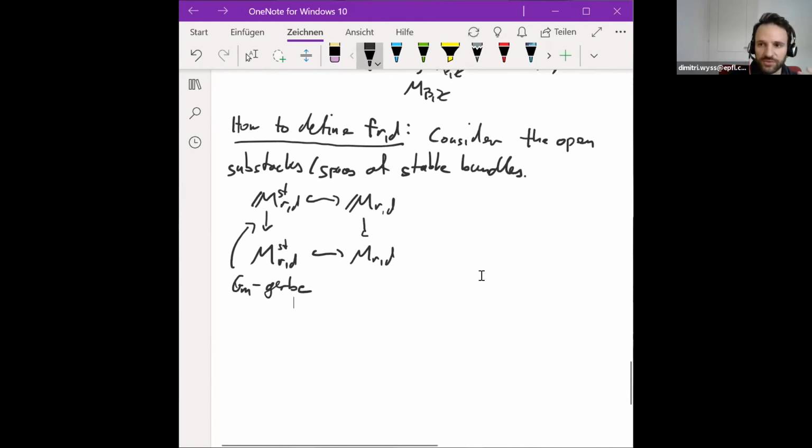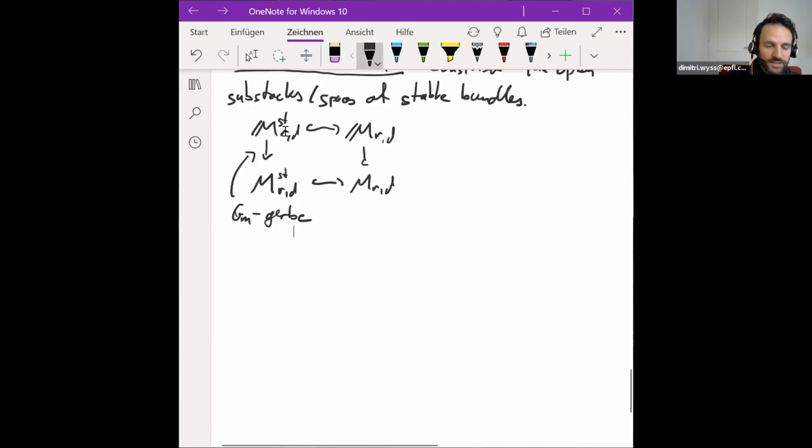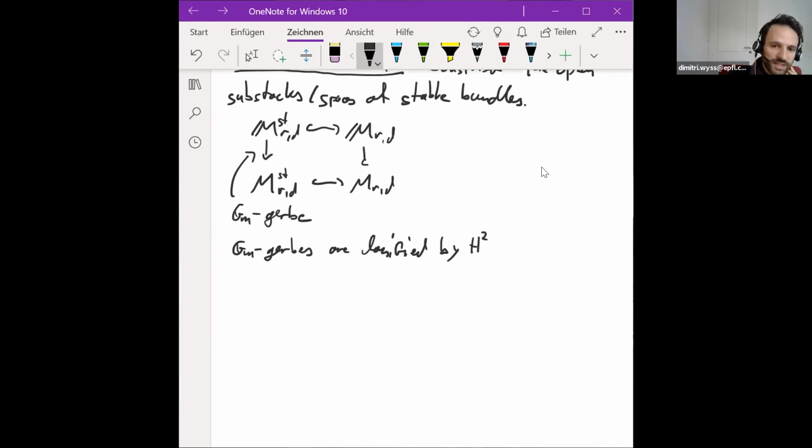Stable bundles have scalar automorphisms, and the only thing that changes from the stack to the space is that we make these disappear, and this is this map. GM gerbes, if you don't know what it is, are classified by the second cohomology with values in GM, just like GM torsors are classified by H1. These gerbes are classified by H2.